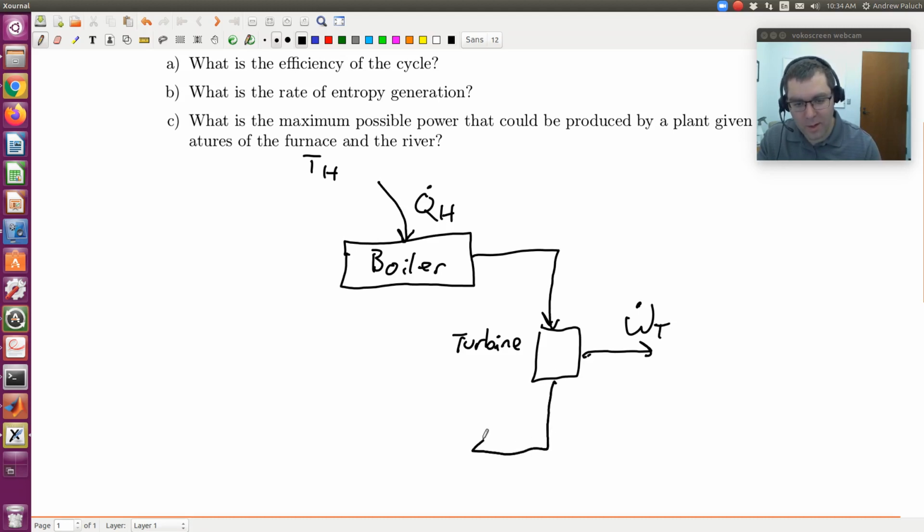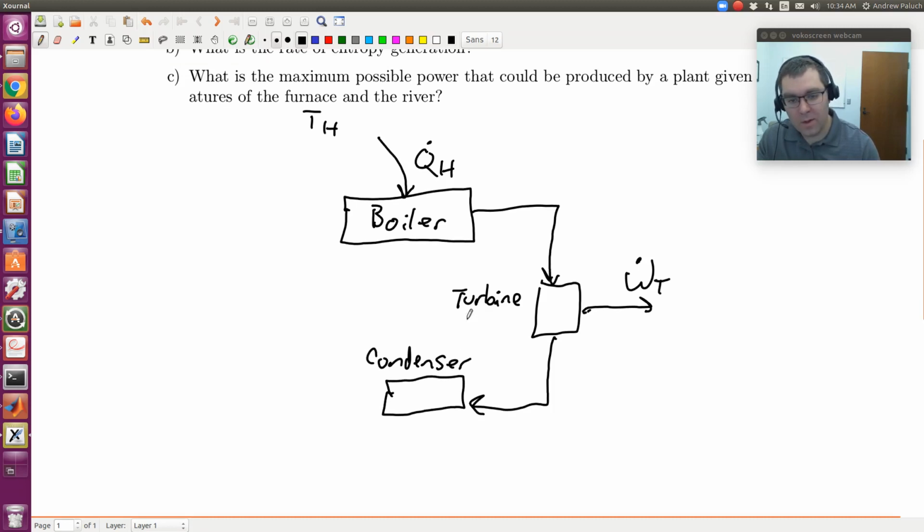Then from my turbine, we'll go to my condenser, and in my condenser, that's where I'm going to reject heat to my cooler body. So I'll label this one as TC. And then from our condenser, we go to our pump.